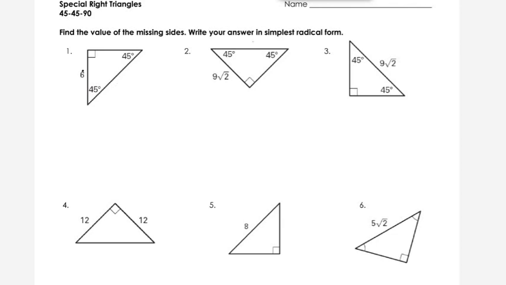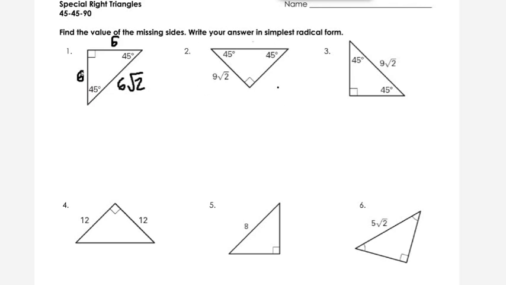One of the legs is 6. So according to the ratio, the other leg must be the same, and therefore that is 6, and the hypotenuse is going to be 6 square root of 2.